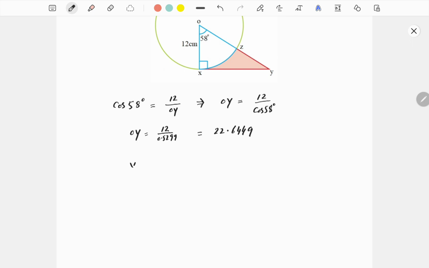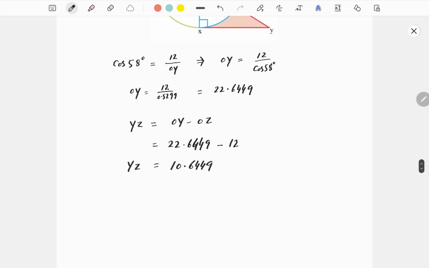So YZ is equal to OY minus OZ, and OY is 22.6449 minus 12, which gives YZ equal to 10.6449. This is what YZ is.